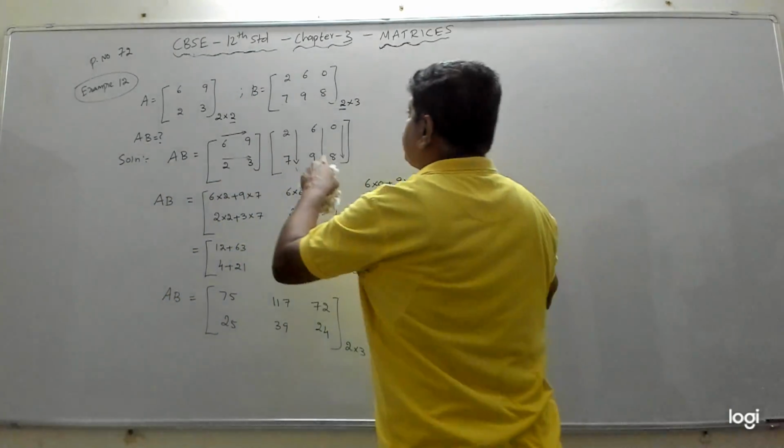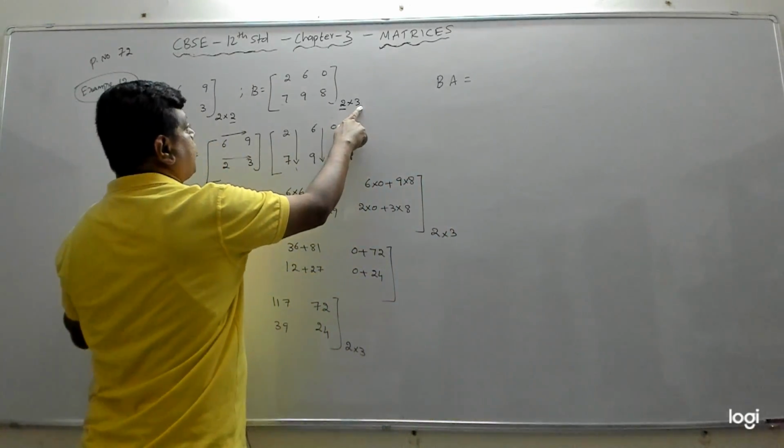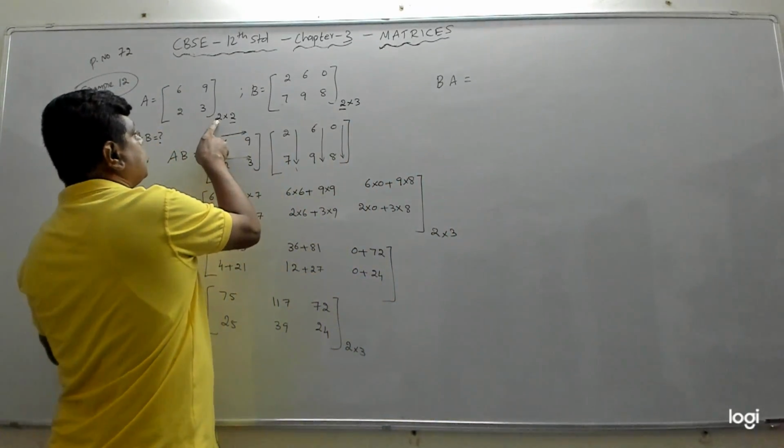Now, what is the number of columns of B? It is 3. And what is the number of rows of A? It is 2. They are not matching.